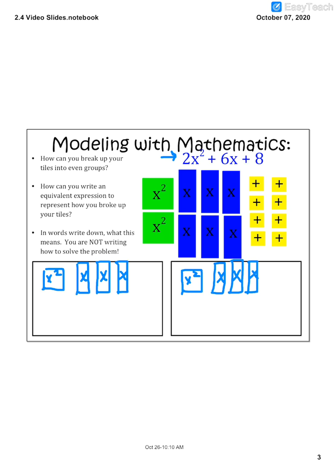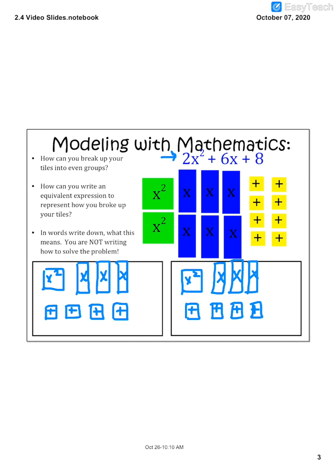Lastly, I have to break up my positive tiles. So I have 8 yellow squares. I'm going to break that up into 4 and 4. So now when I'm looking at my tiles, I was able to break my tiles up into 2 even groups.